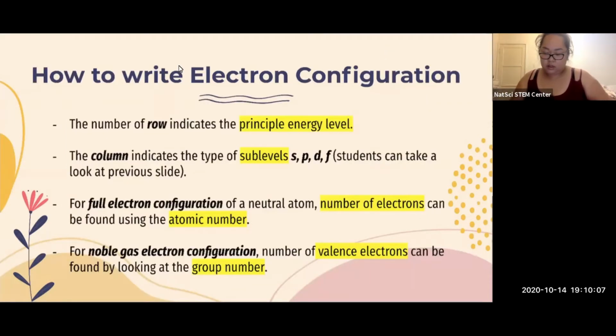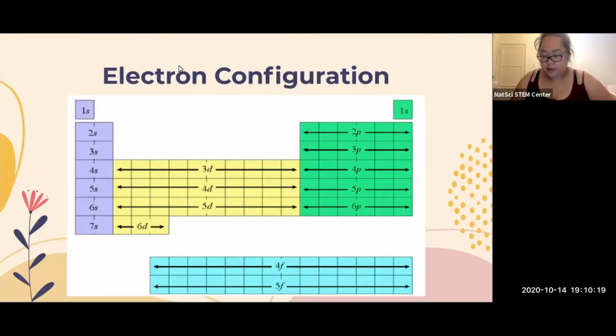So the next thing to know is your column. It indicates the type of sublevels. Earlier I said that we have an s, p, d, and f sublevel. You guys can refer to it again right here. This is your s. This is your d. This is your p.